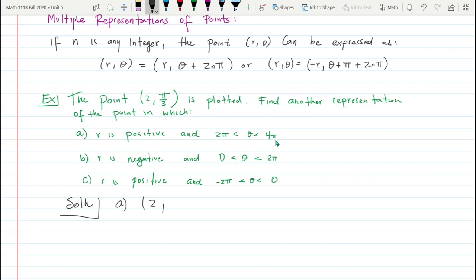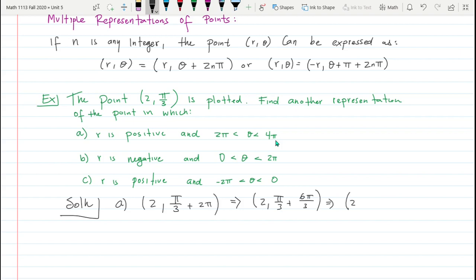However, we can do pi over 3 plus 2 pi, right? That's going to be the same point. It's just another representation of it. So this becomes 2 comma, and pi over 3, we need to get a common denominator. So this is going to be 6 pi over 3.